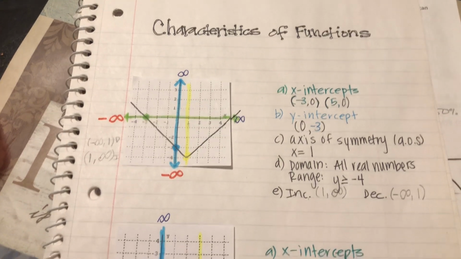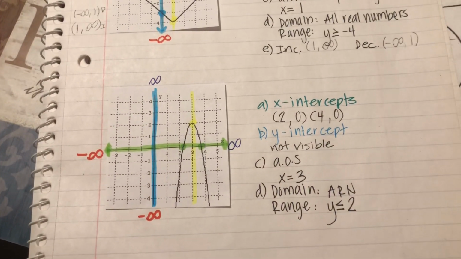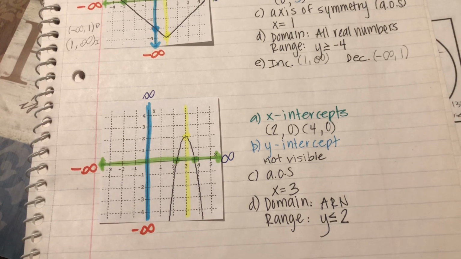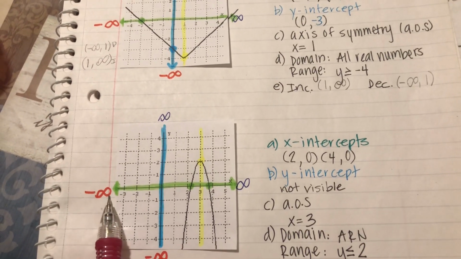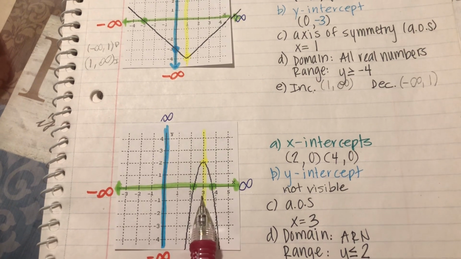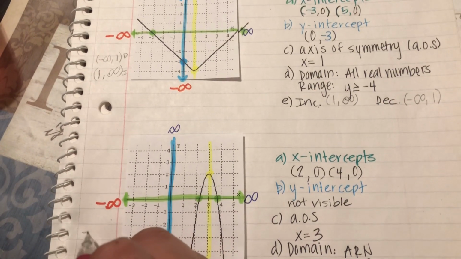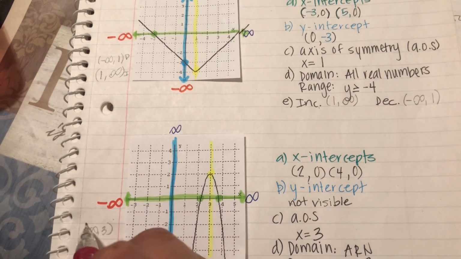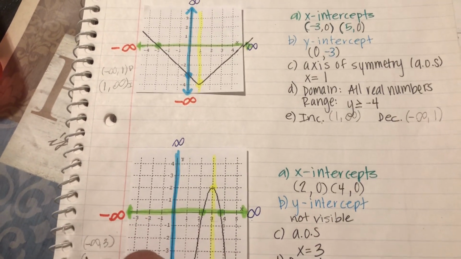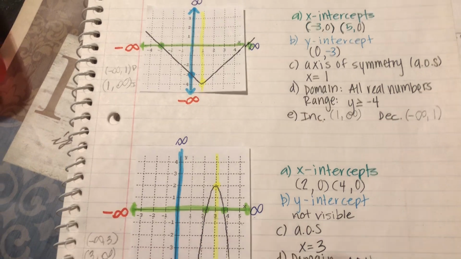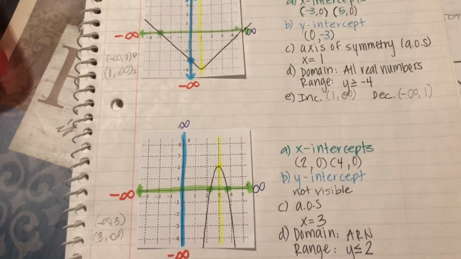Okay, let's try it on the bottom. Before we even determine what's increasing or decreasing, my first interval is negative infinity to 3. And then 3 to positive infinity. Remember, we're talking about noticing patterns.